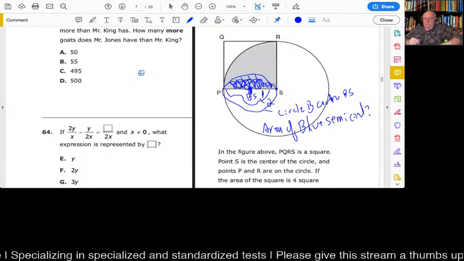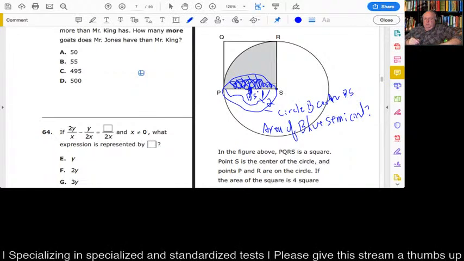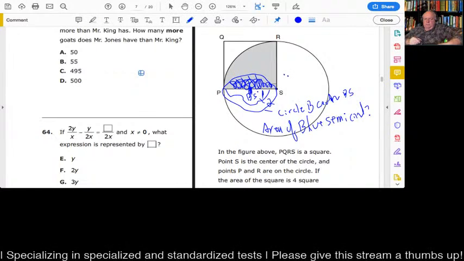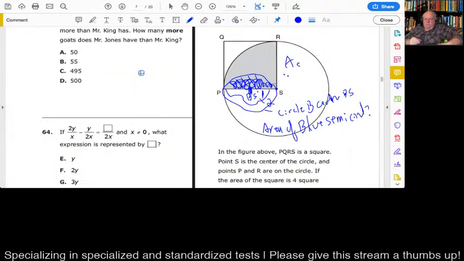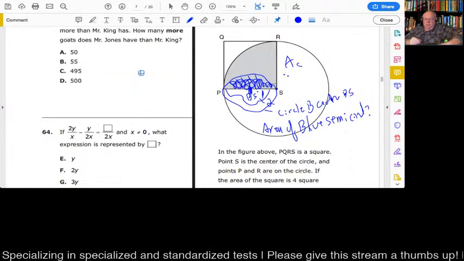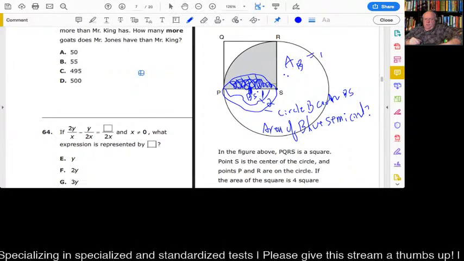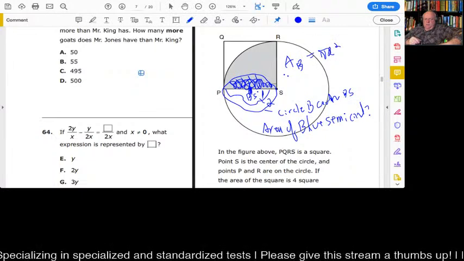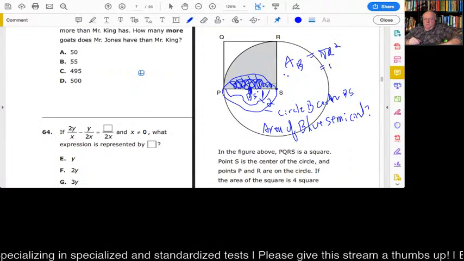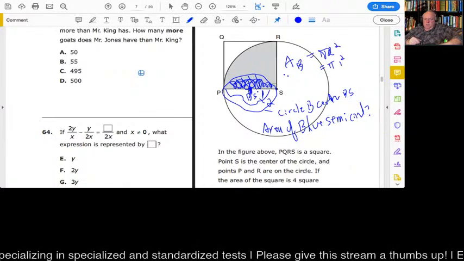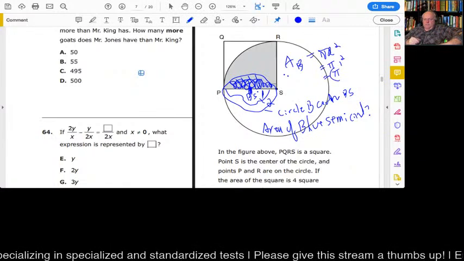So if the radius of this circle is 1, the area of a circle, which in this case will be circle B, the area of B would be pi r squared, and if r is 1, we would get pi times 1 squared, and that's just equal to pi. Okay?